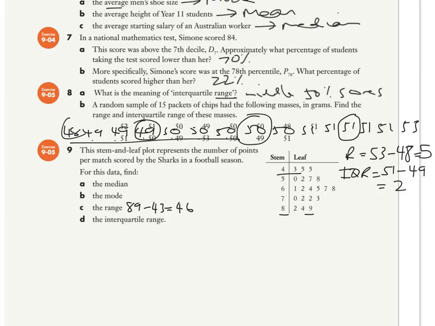Alright, the median. Now, if you count up, there are 20 scores. 20 plus 1, 21, over 2 is 10.5, which is 1, 2, 3, 4, 5, 6, 7, 8, 9, 10.